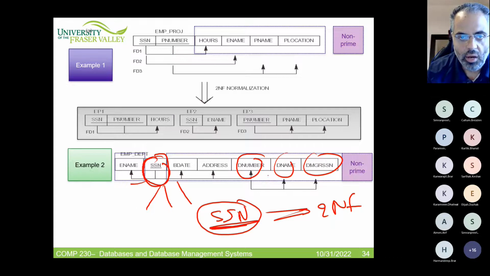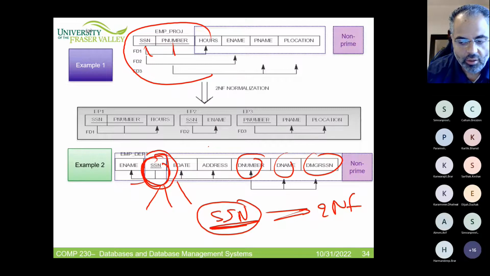In that case, we should be aware that no part of the primary key is involved in the functional dependencies, like the case here, where we have two attributes in the primary key. But if the primary key is only one attribute, then we are sure we will not have any violation, because there is no part of the primary key to violate.